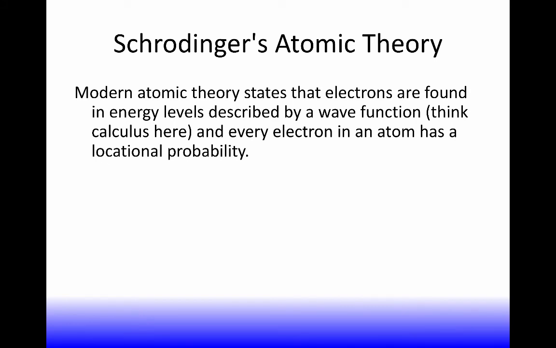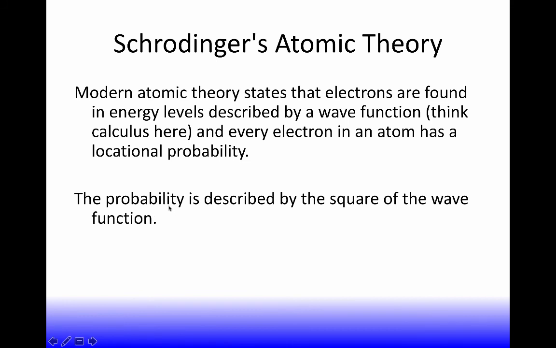So modern atomic theory states, this is Schrodinger's theory, that electrons are found in energy levels described by a wave function. So this is a calculus-based equation, and every electron in an atom has a locational probability. They're not at any one specific point that we can identify at any given point in time. We can only describe that there is a probability they are close to that point. This probability is described by the square of the wave function.